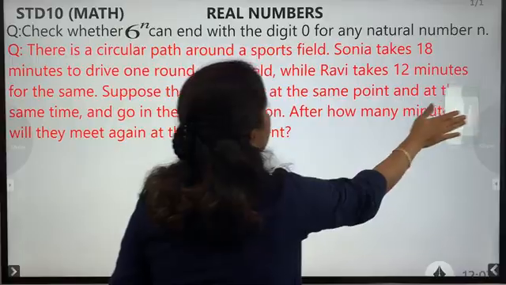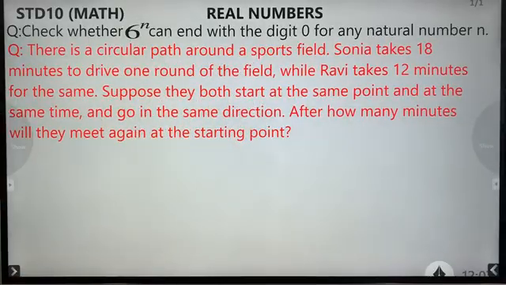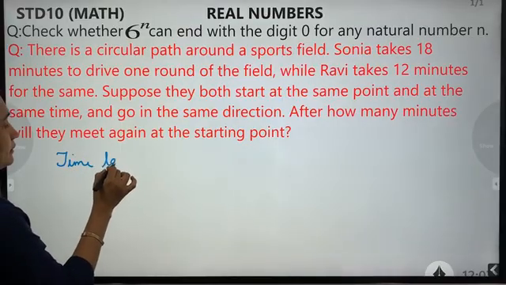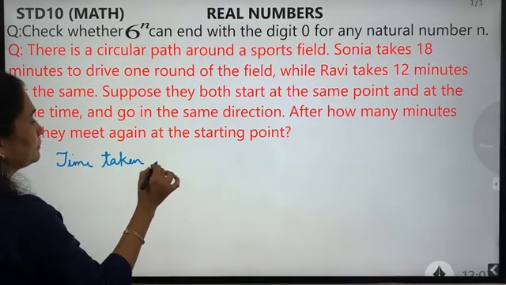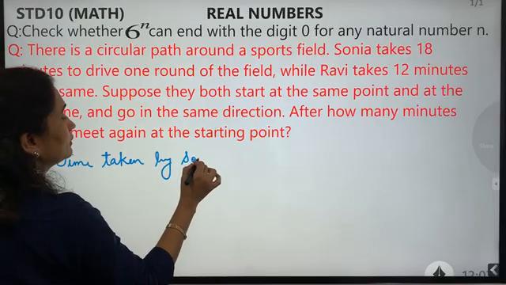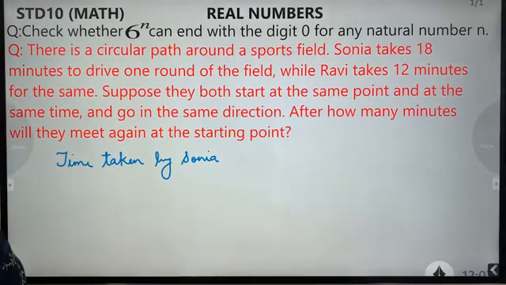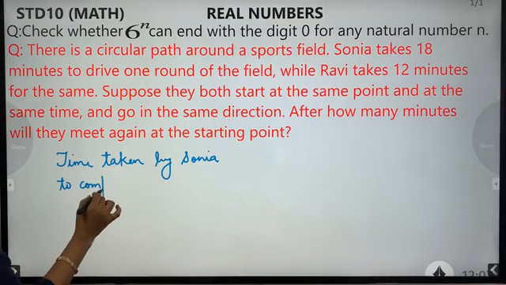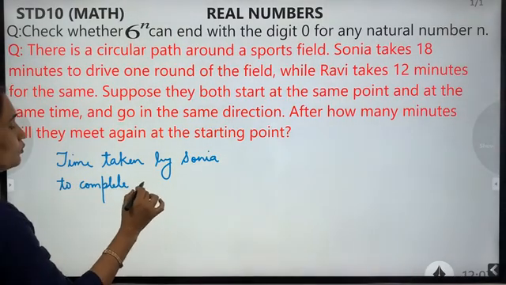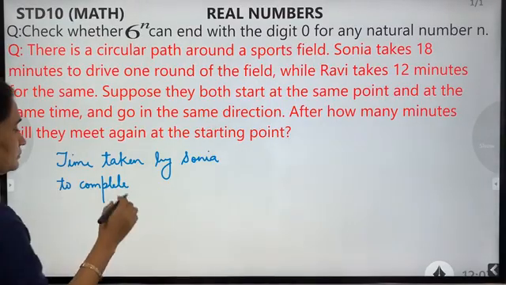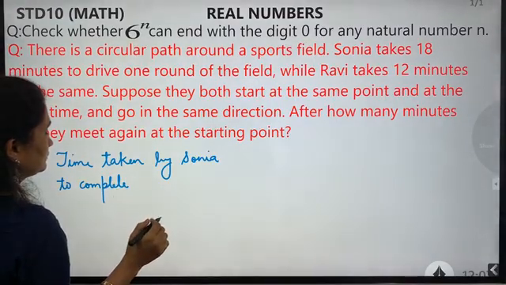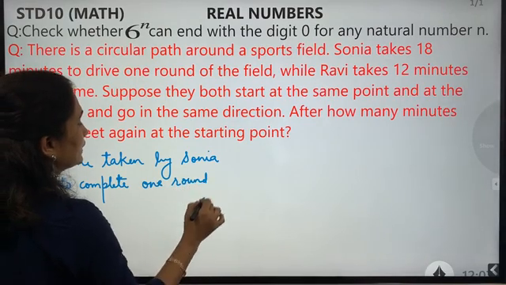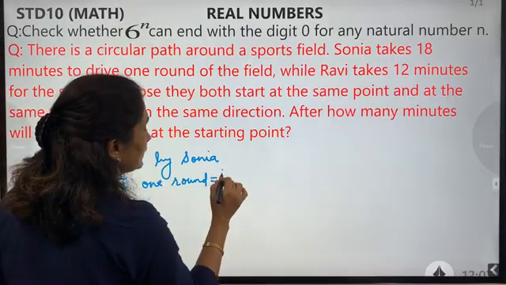So first, what do we say? Time taken by Sonia to complete one round is how much, children? It is 18 minutes.